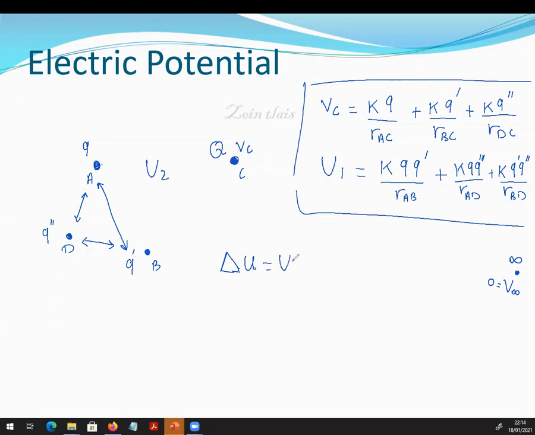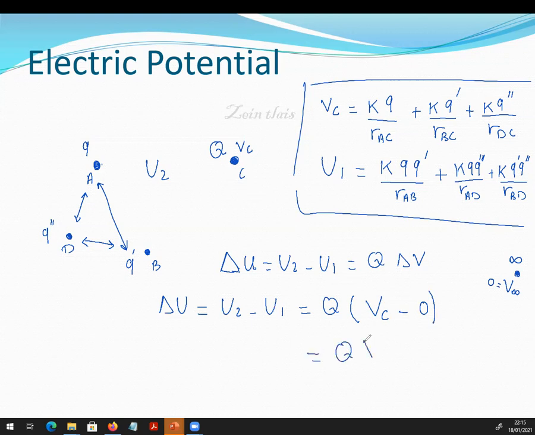Delta U equals U2 minus U1 equals the added charge times delta V. So delta U equals U2 minus U1 equals Q times V final. This is the initial one. This is the final V at point C. V_C minus V infinity equals 0. So equals Q times V_C. This is the difference of electric potential energy.